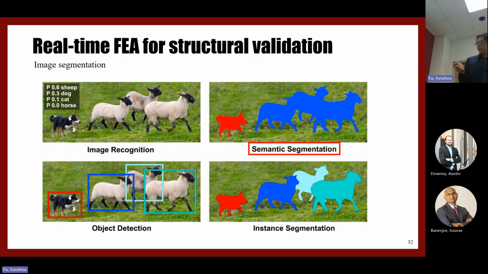So you can see here there are three shapes. The semantic segmentation treats all three shapes as one category, but the instance segmentation will treat each shape as one category. In our research, we will use semantic segmentation because we want to treat all the defects as one entity.